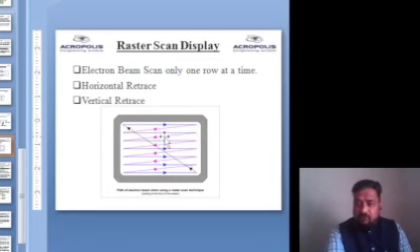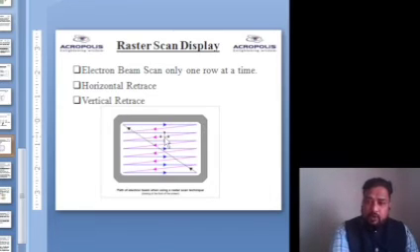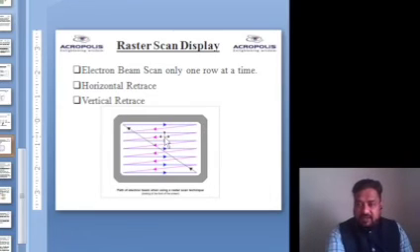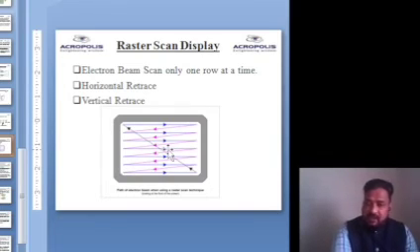If any point from the second row is stored in the frame buffer, then the electron beam will strike that point. According to this row-wise fashion, the electron beam will cover the complete screen, and whatever points are stored in the frame buffer will be displayed. So an image can be displayed by this.